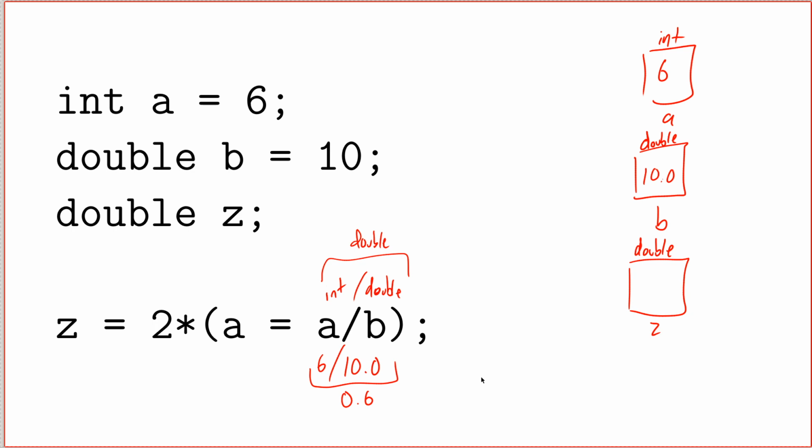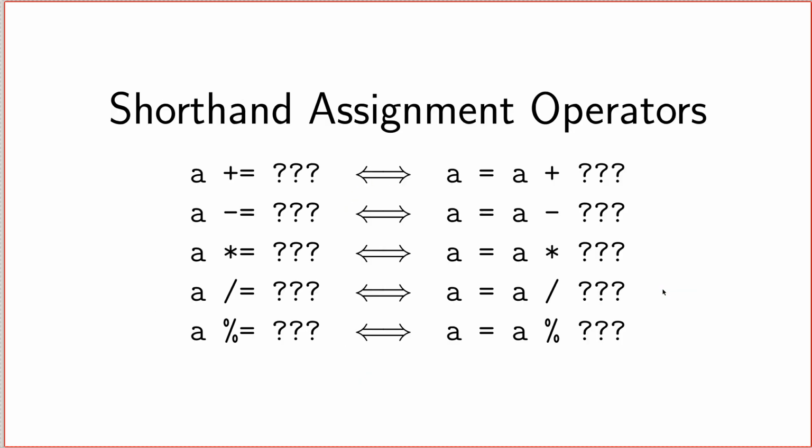And if I assign 0.6 to a, a is an int, which means all a can contain is the integer part of that, or 0. And because the value that comes out of the assignment operator is the new value of a, which is 0, the result is going to be 0. So even though what I had in here was in fact a double, 0.6, because I'm using the assignment operator in the meantime, what comes out ends up being an int. And so the result for z is just going to be 0.